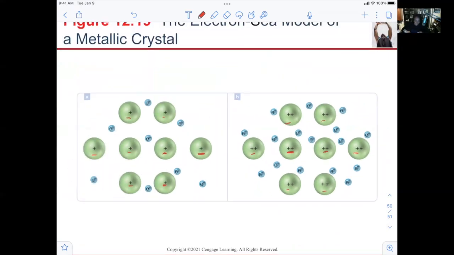And if you count 1, 2, 3, 4, 5, 6, 7, 8 metal ions, 1, 2, 3, 4, 5, 6, 7, 8 electrons. The number of electrons has to match the metal ions because each metal ion is losing 1 electron. So this metal ion here attracts all the electrons, and they all share the electrons.